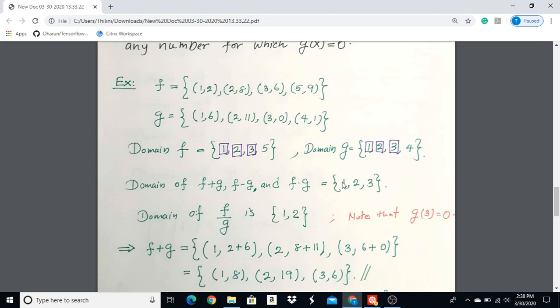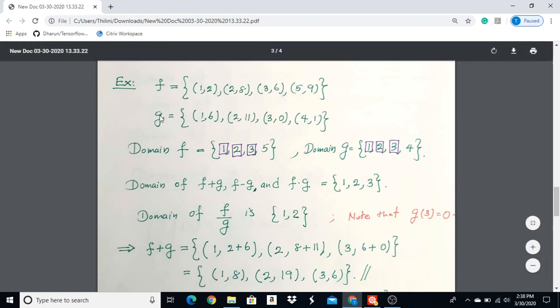So here I'm plugging 1 into this g function first, and I get 6. That is non-zero. And if I plug in 2 to the g function I get 11. But when I plug in 3 to the g function, you can see that we get 0 as the output. So that means we need to exclude the point 3 from the domain for the f over g function.